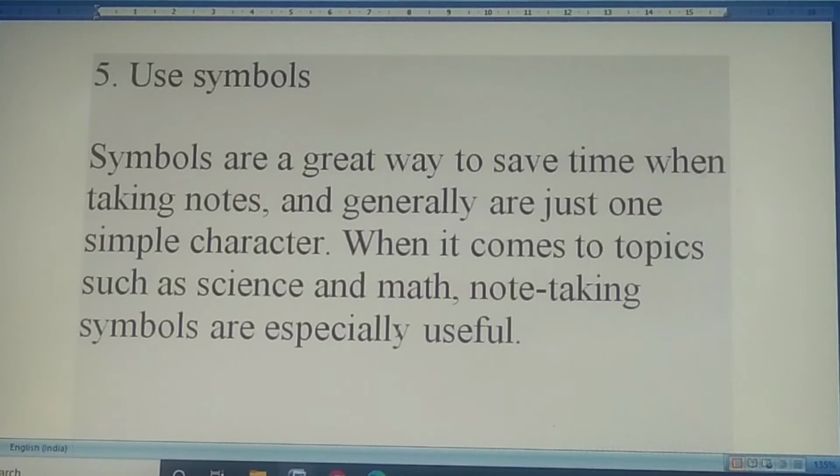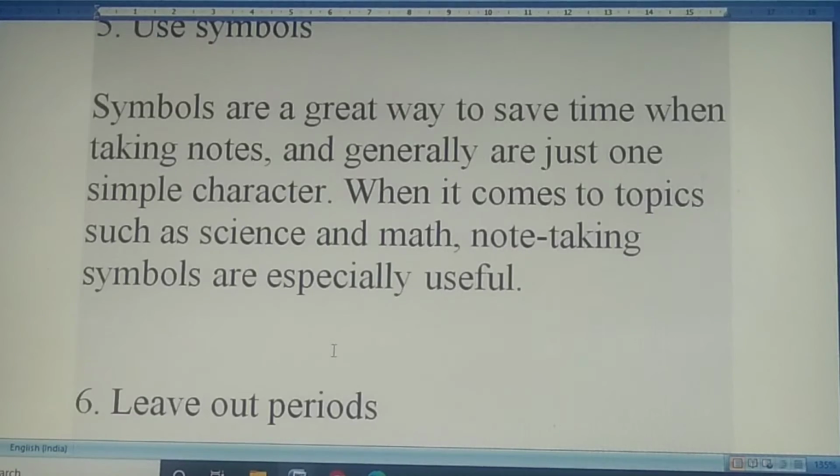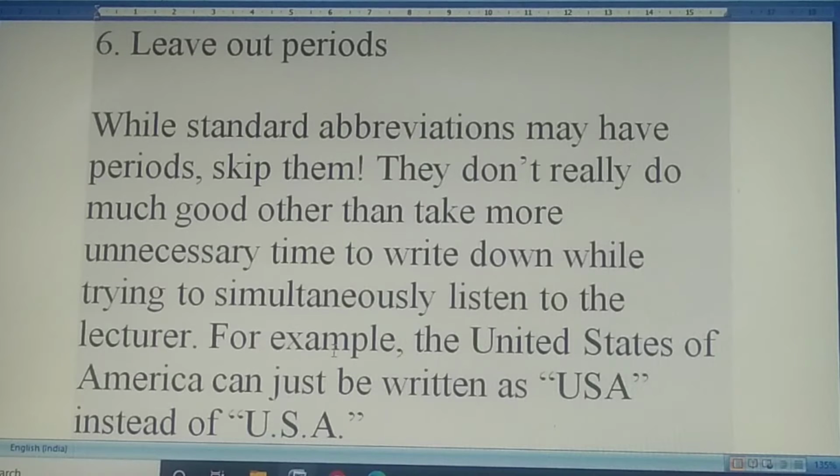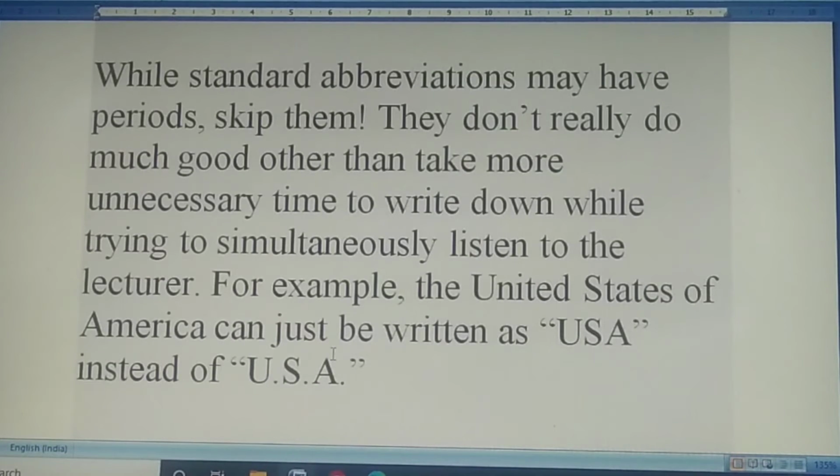When it comes to topics such as science and math, note-making symbols are especially useful. We have a lot of symbols in science and mathematics, yes. Leave out periods. What's that? While standard abbreviations may have periods, skip them.